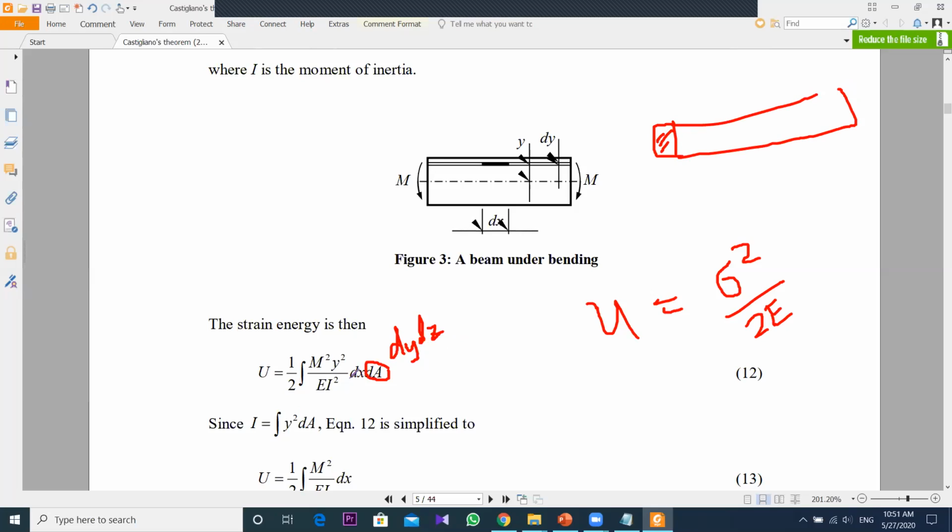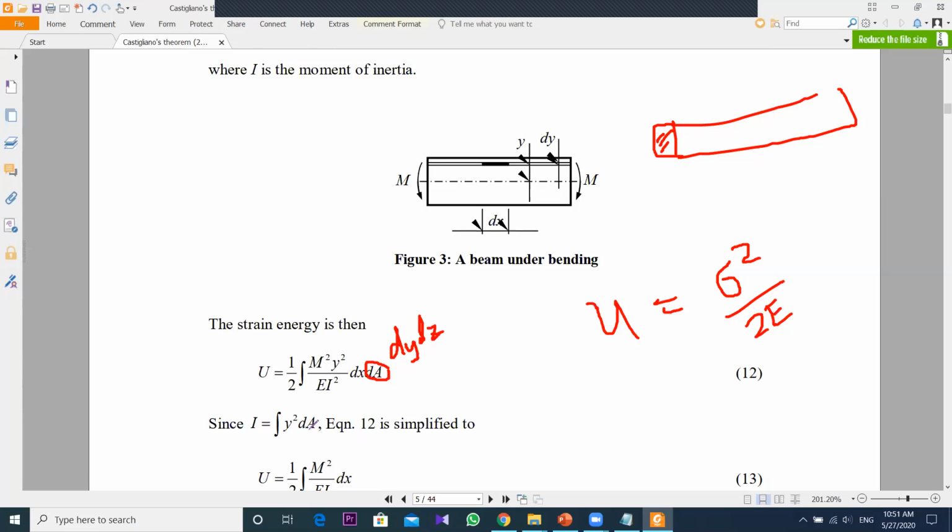dA dx. So you know, I think in your A level or in your university mathematics you learned some theory like second moment of inertia is equal to integral of y squared dA, if it is Iyy.